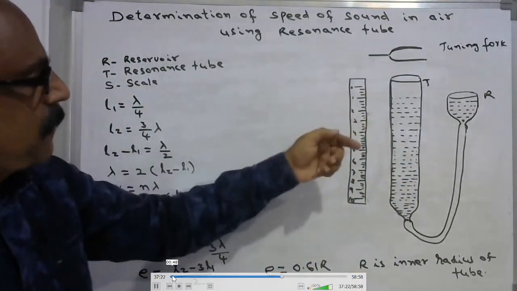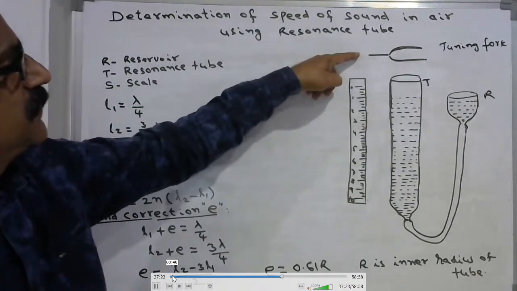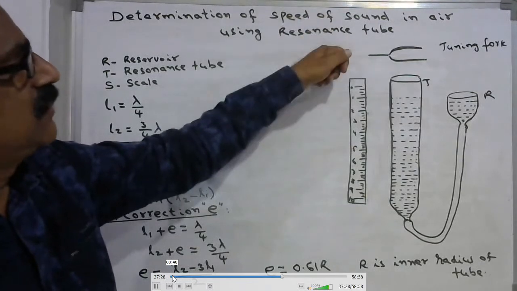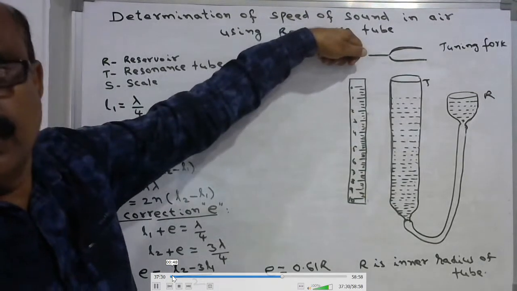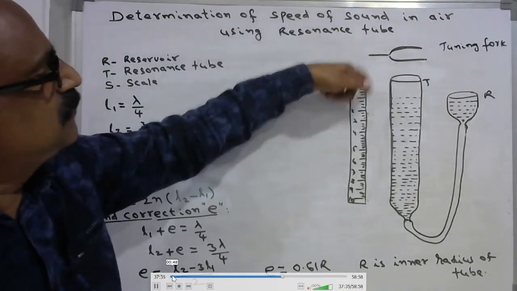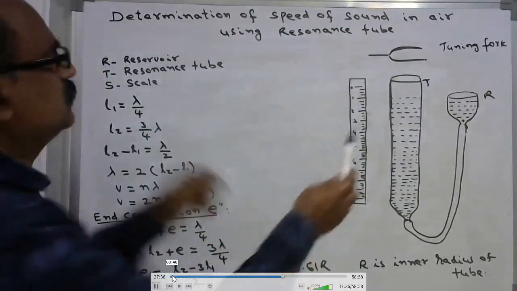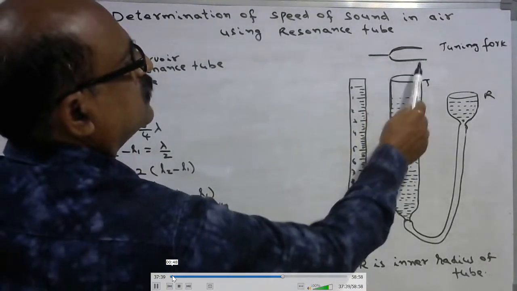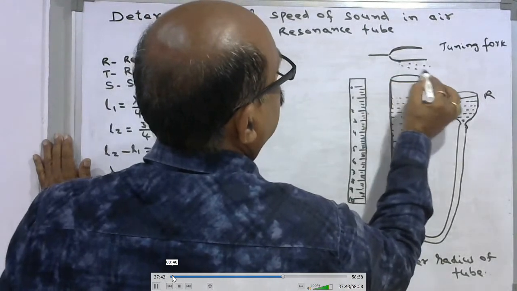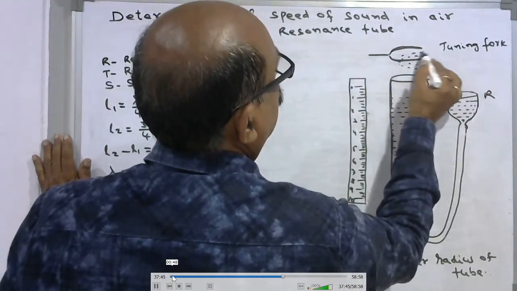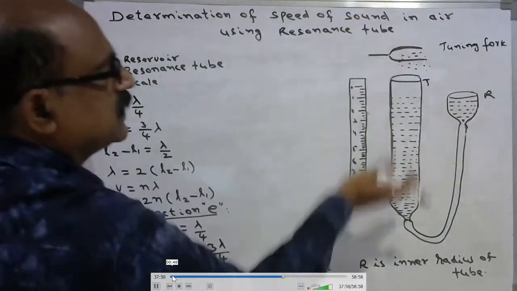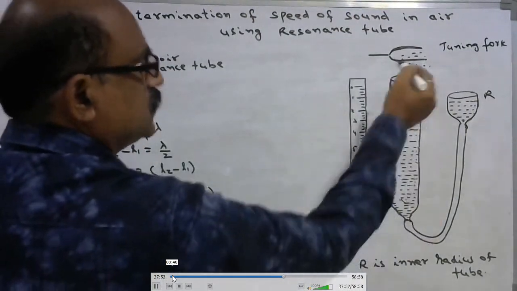And now, if a tuning fork is excited or hit with a rubber hammer and kept horizontally as shown in the figure, then what happens? The vibrations of the tuning fork will create a disturbance in the air column of this tube.